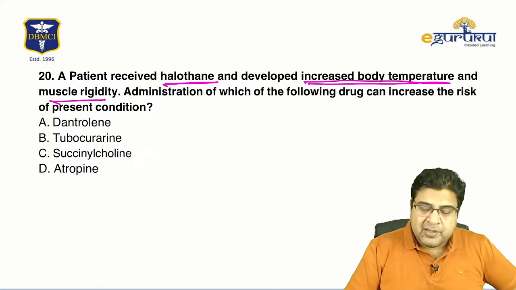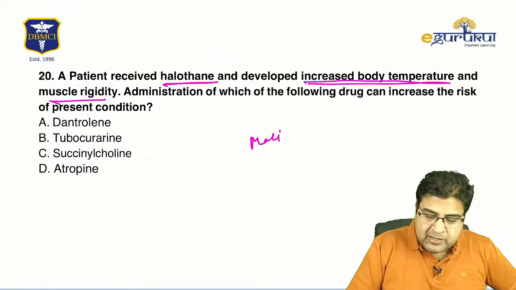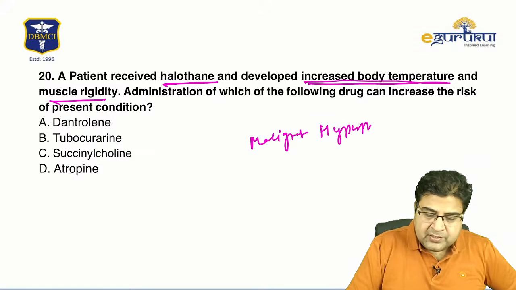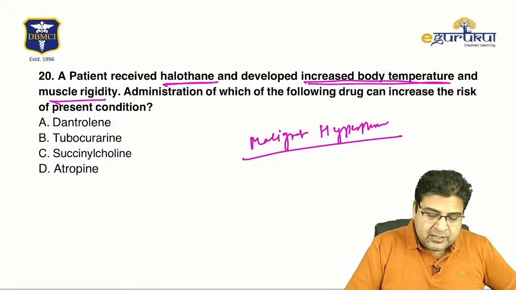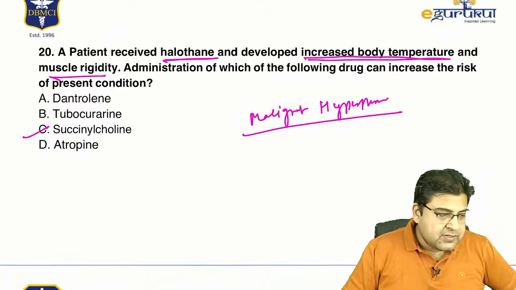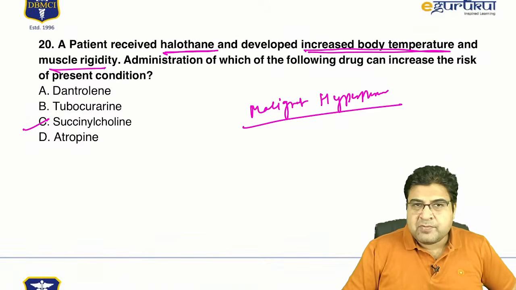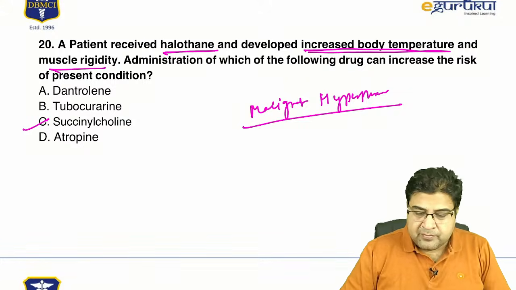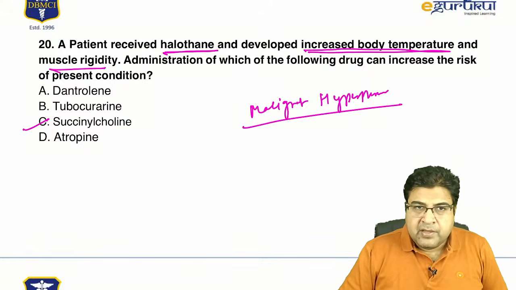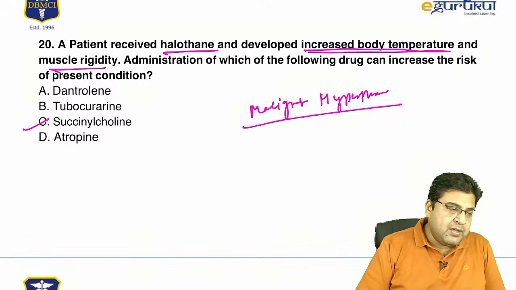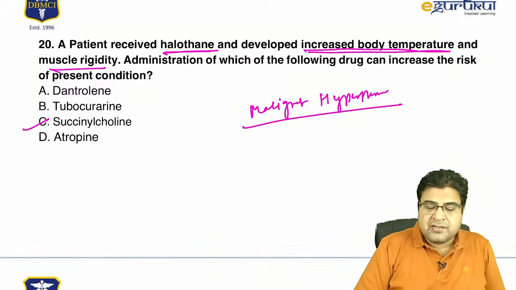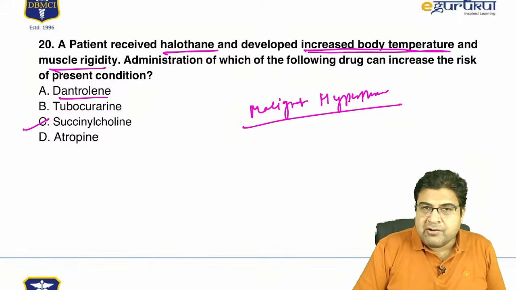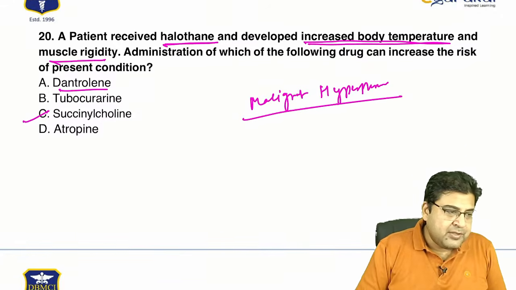This is malignant hyperthermia caused by halothane. The answer is succinylcholine, which will also cause malignant hyperthermia. This will be discussed in detail by your anesthesia faculty. Malignant hyperthermia is further increased by adding succinylcholine. Dantrolene sodium is the drug of choice for malignant hyperthermia.